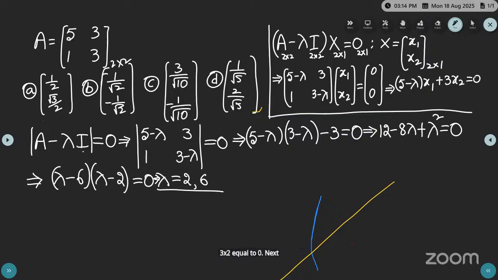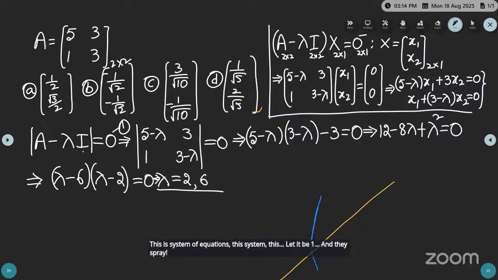Next, 1 into x1 plus 3 minus lambda into x2 equal to 0. This is a system of equations, let this be 1 and this be 2.